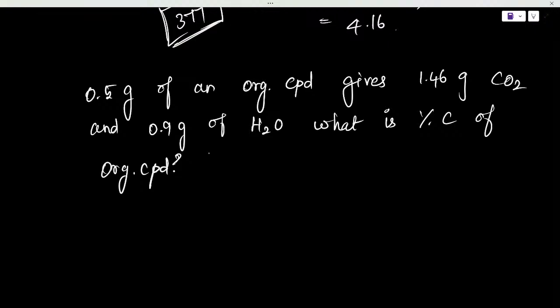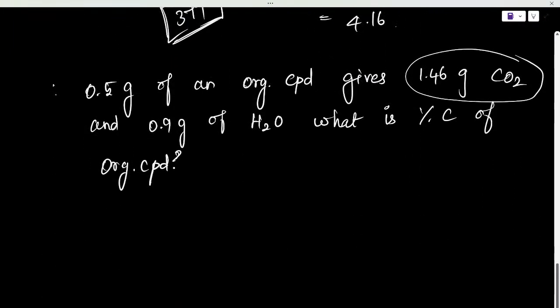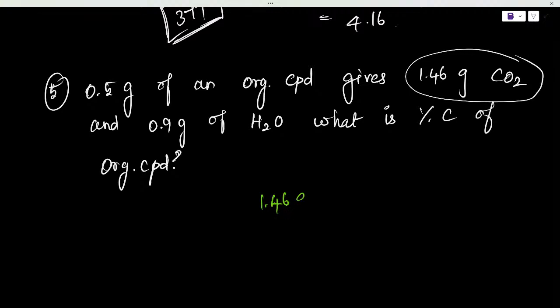They are just asking about the carbon percentage. So we need not consider the water and all. We just have to consider CO2, isn't it? So this is about the 5th question, I guess. Okay. So 1.46 grams of CO2 is given, right?